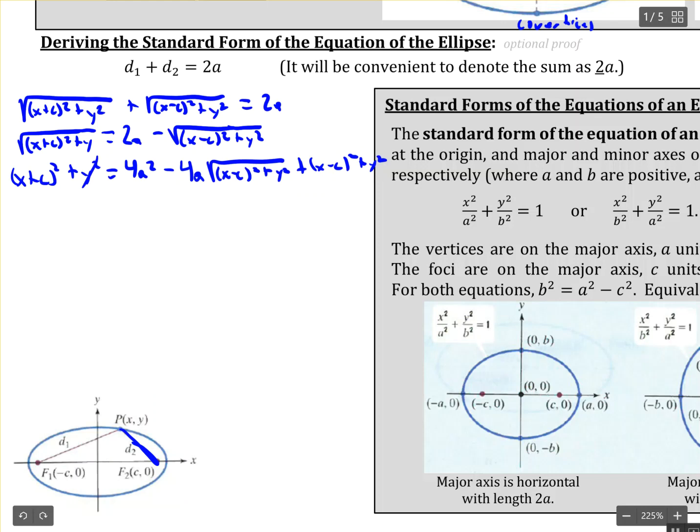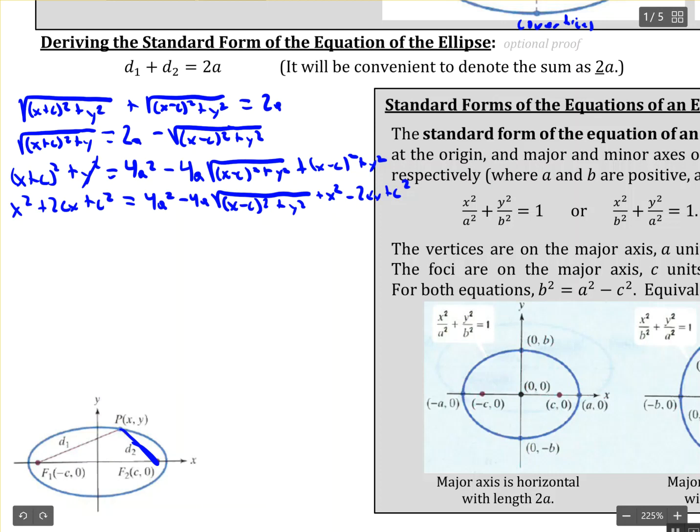Now let's multiply this (x plus c) squared out to x squared plus 2cx plus c squared equals 4a squared minus 4a times the square root of (x minus c) squared plus y squared, plus x squared minus 2cx plus c squared.